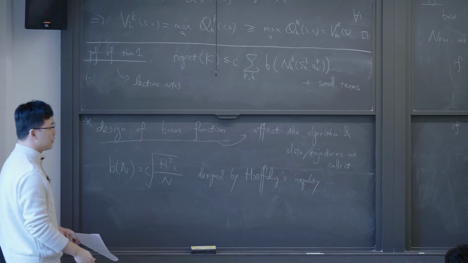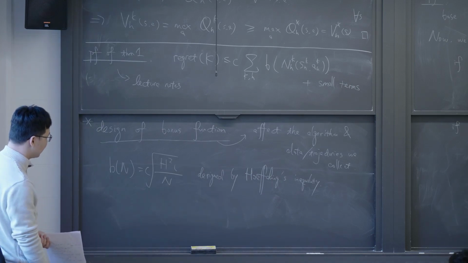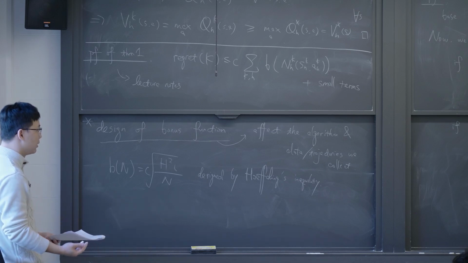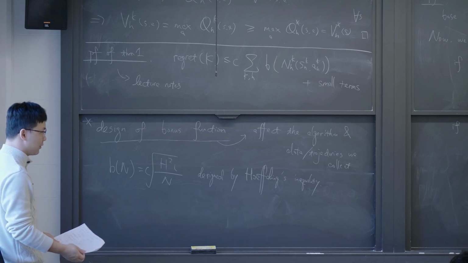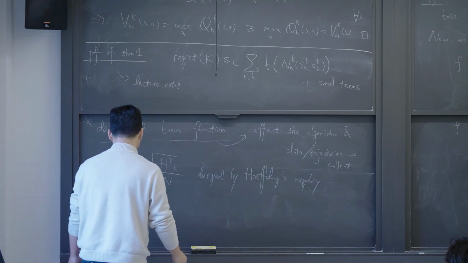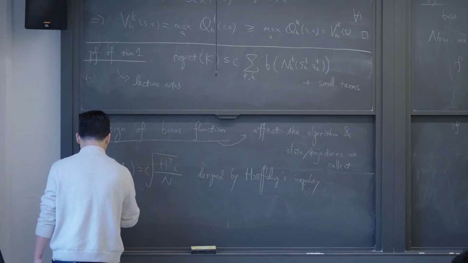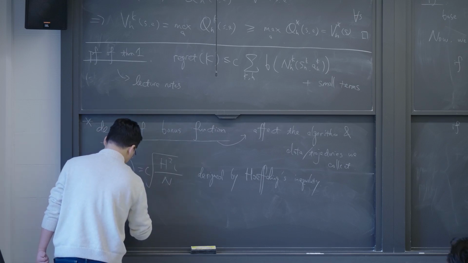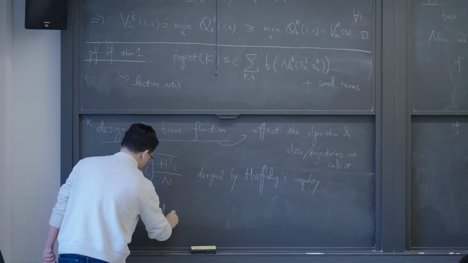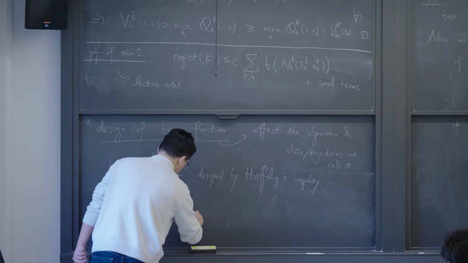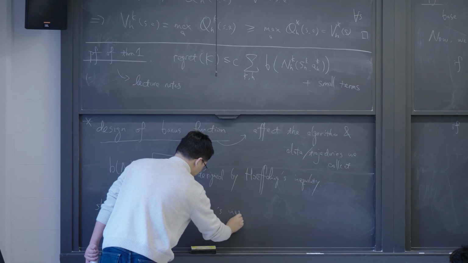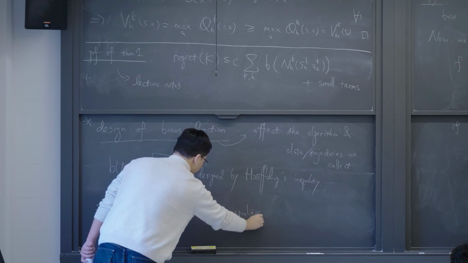As we learned from the concentration inequalities, Hoeffding's inequality is not the sharpest concentration inequality. A lot of times we can use Bernstein's inequality, and that gives a sharper bound. So it turns out you can also design a sharper bonus based on Bernstein's inequality.